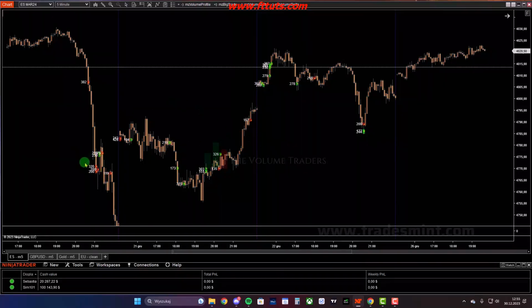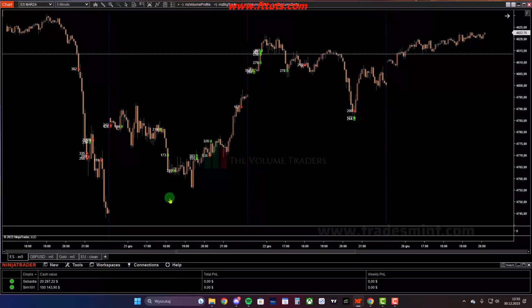So here you need some understanding of the moves. If at the end of the session I see big sellers' activity, these zones are red, that could mean that maybe the next day we will also see a bearish move from that zone.